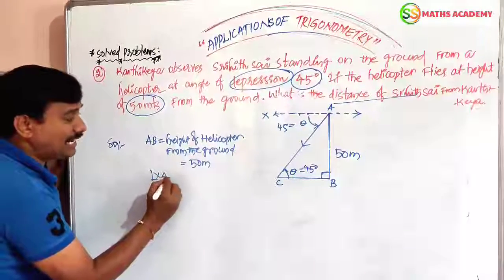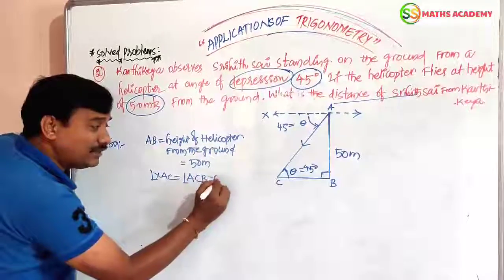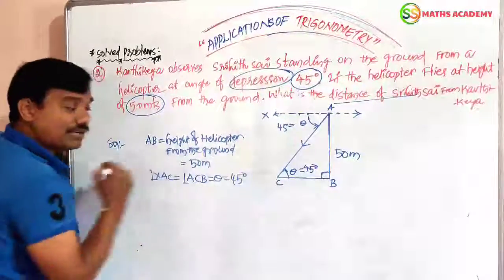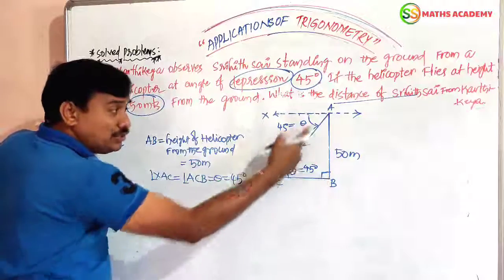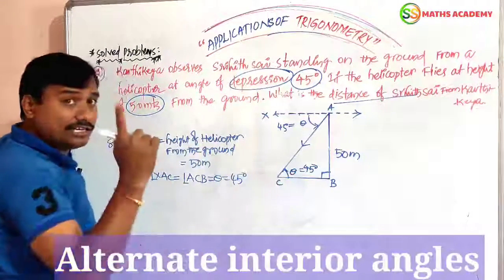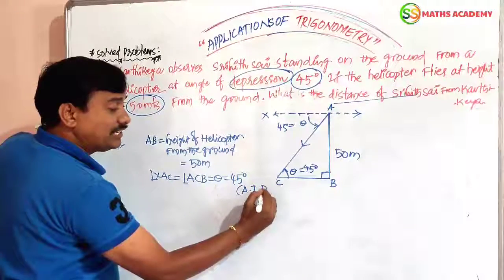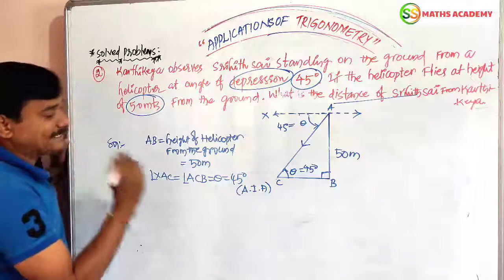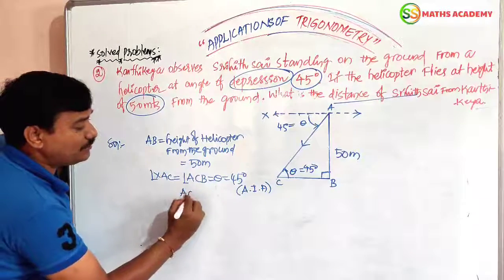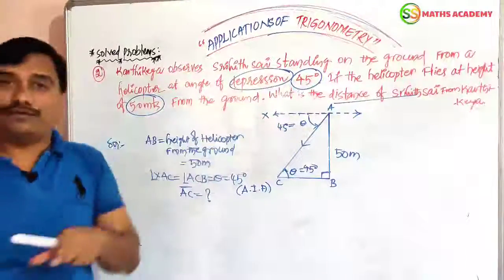Next, the angle of depression XAC is equal to angle ACB, which is theta equals 45. These two are alternate interior angles, and they are equal because of the alternate interior angles concept I am using here. Friends, next we have to find the distance AC. The length of AC means the hypotenuse we have to find.